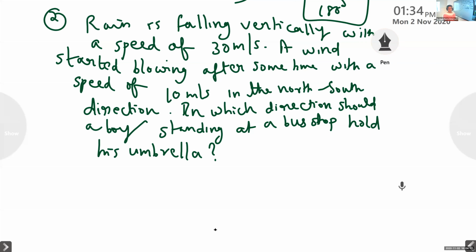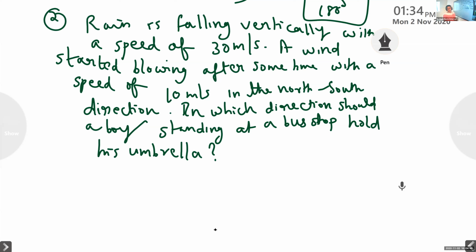We have already learned the relative velocity of A and B, that is only two objects. But here, the two velocities shown are relative to the third person. So under these two conditions, the third person should hold the umbrella at a particular angle. That is our question.